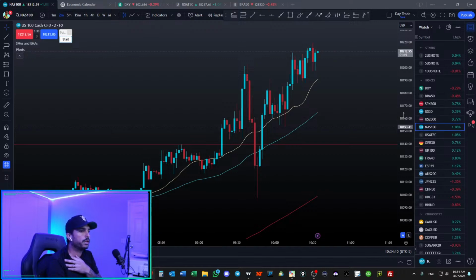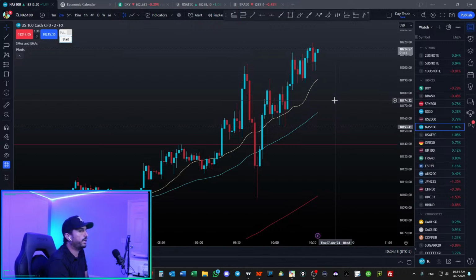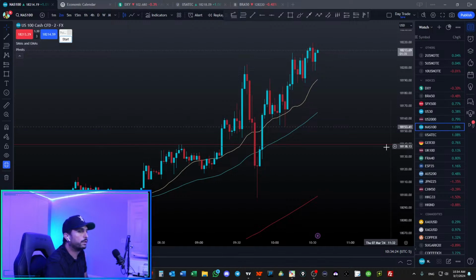Nasdaq is 1% up, the Russell's 0.78%, 0.70%, Dow Jones about 0.40%, S&P about 0.80%. So as you can see, the market is pretty strong overall.